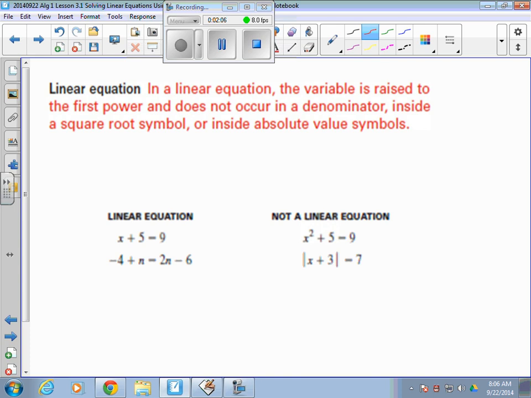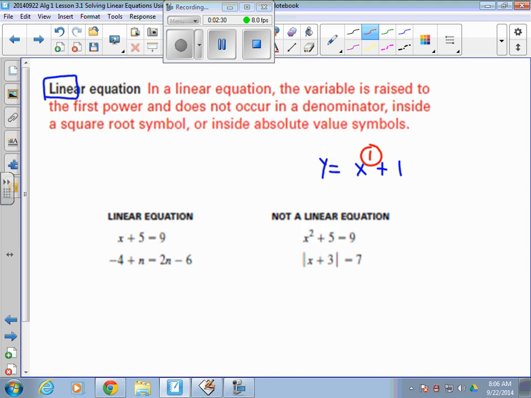A linear equation has the word line in it. It starts with it. Think of it as a straight line. What makes it a straight line is when y is equal to x plus 1. What makes it a straight line is that this x is being raised to the first power.